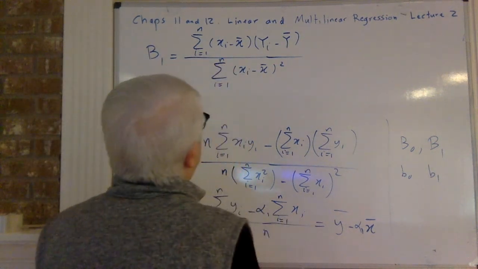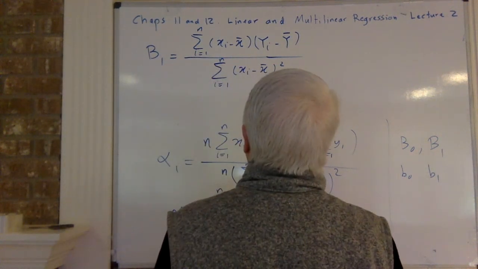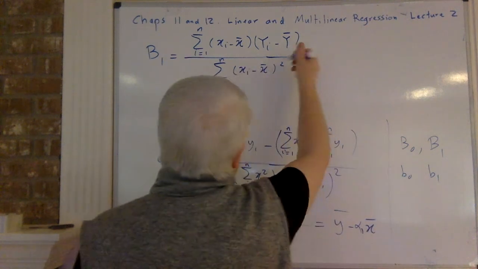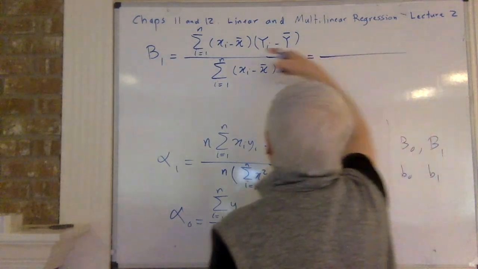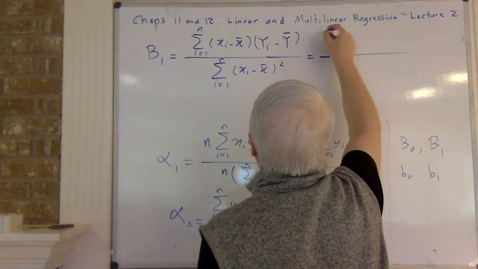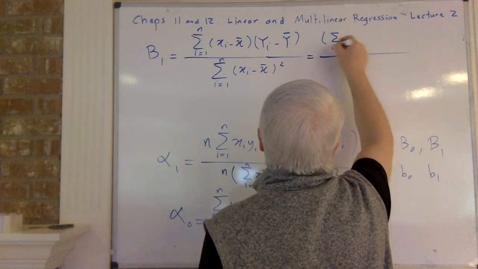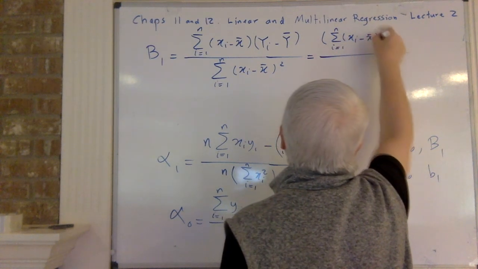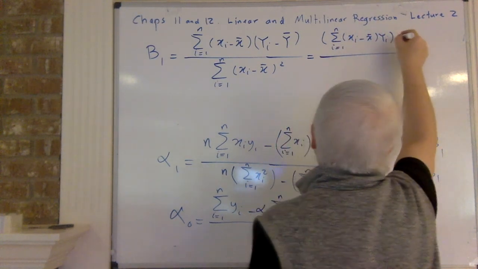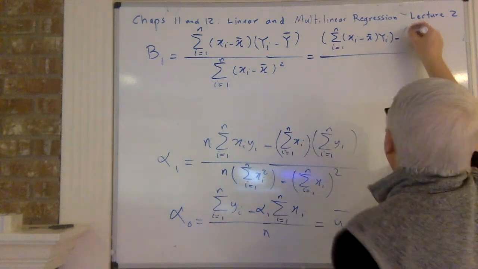So now this one will be, let me write it like this. I have sigma i from 1 to n xi minus x bar times yi minus y bar.